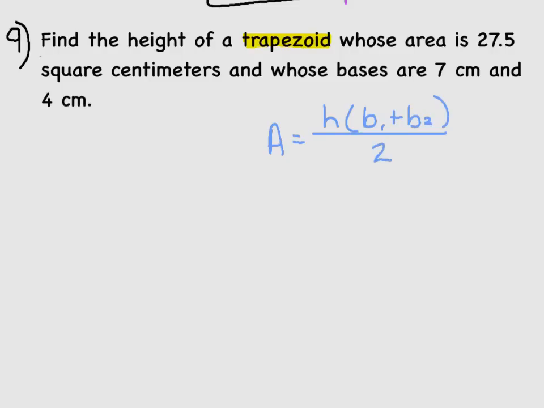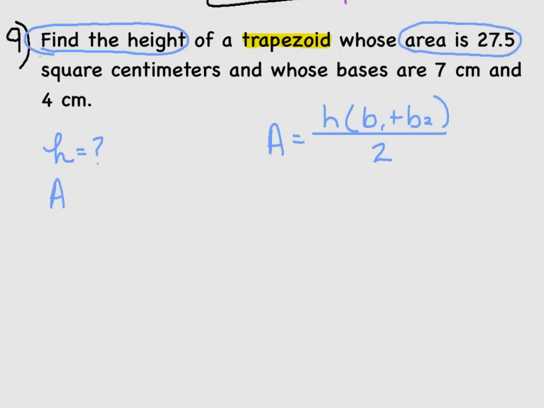So let's see what information we're given. Start reading the problem again with me. Find the height. Well, obviously, that's what I'm looking for. I don't have the height of this trapezoid. That's my unknown. The area is 27.5 square centimeters.